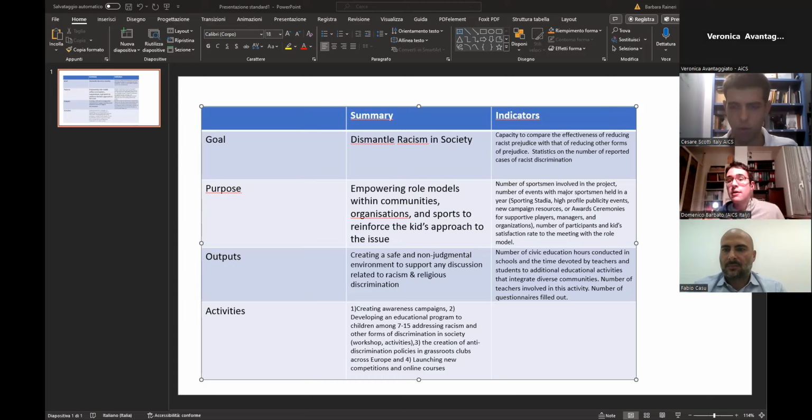When I was doing, for example, this log frame, I thought it was kind of similar to a coach situation. I mean, why this, how you can do this goal, how you are going to do that, why.